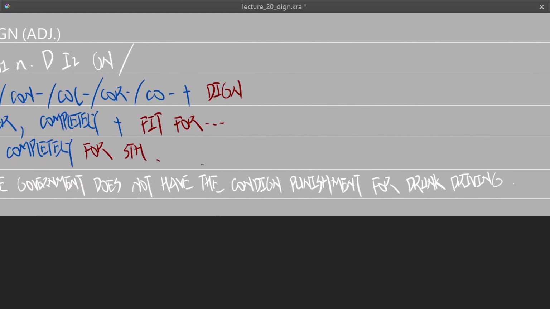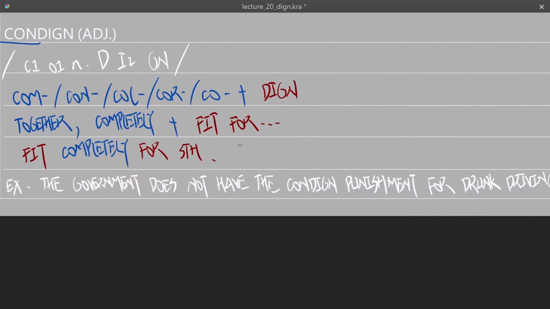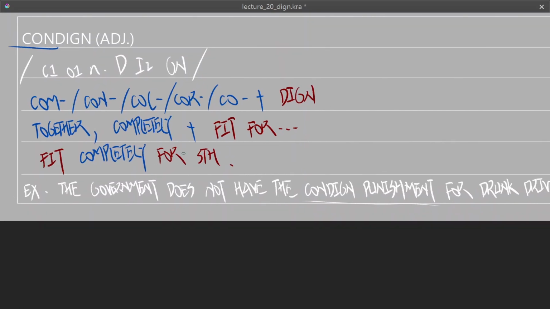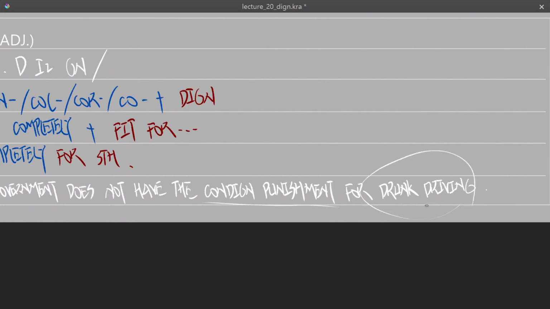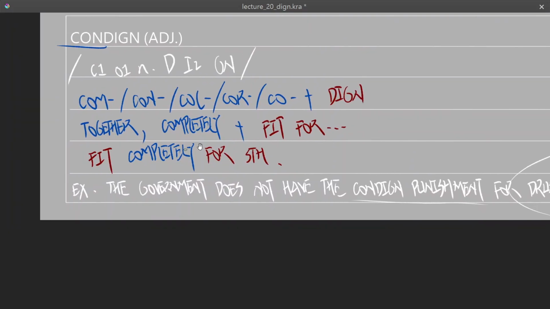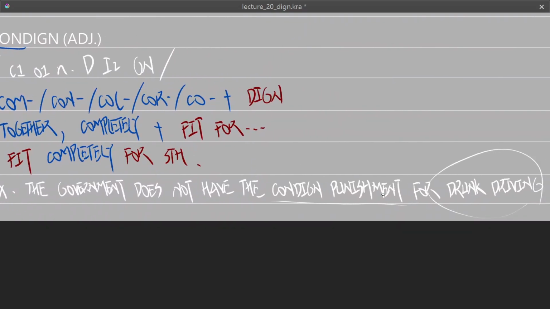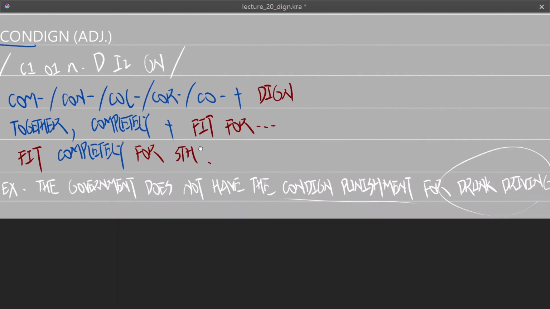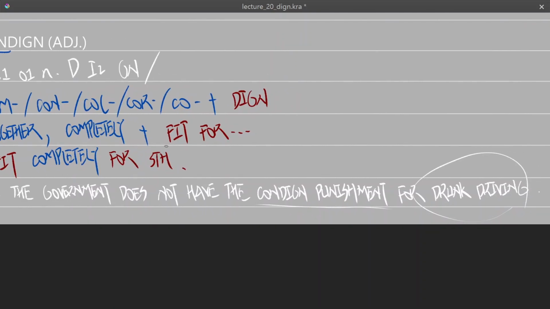It happened again and again. So it cannot find a proper way to deal with the problem. So fit completely for the problem. You cannot find a proper solution to fit completely for the problem.